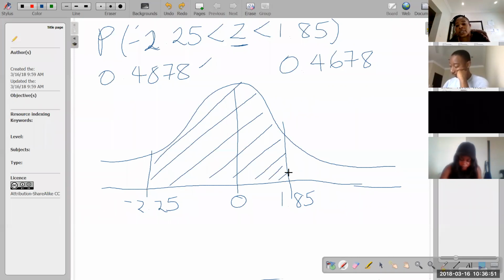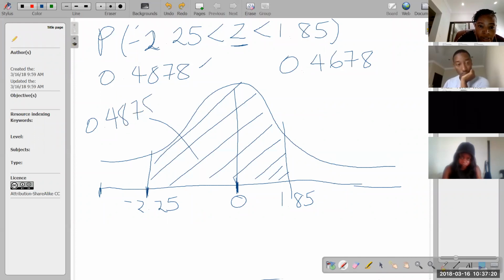Now, how do we know this area? 2.25 from the table gives us 0.4878. Remember, from this middle area to this end is 0.5. So most likely our 0.4878 is from this middle area to this point. Do you agree with me? So this is 0.4878, just this area to this area.